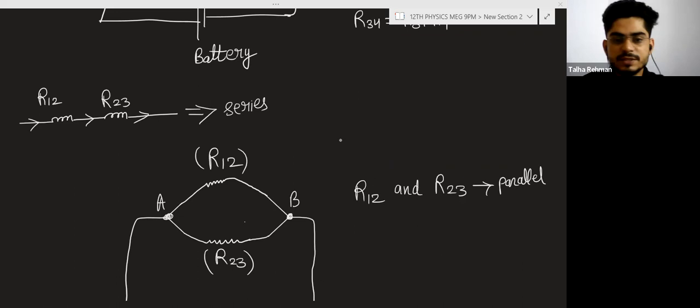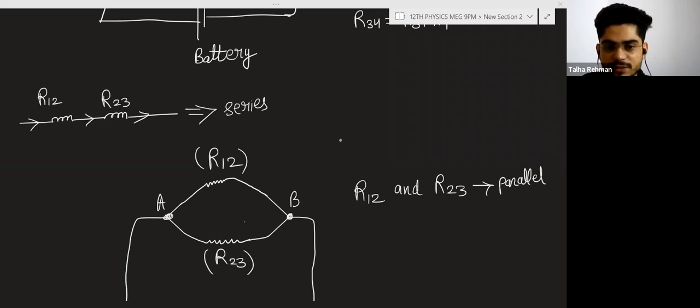So Hamza, this is the series combination this time because there is no branching here. These resistances are connected on a single wire, but this resistance and this resistance are connected in parallel because from this point there are branches.